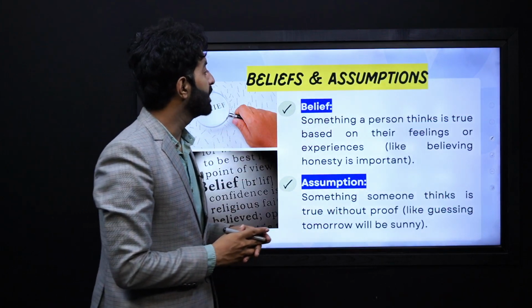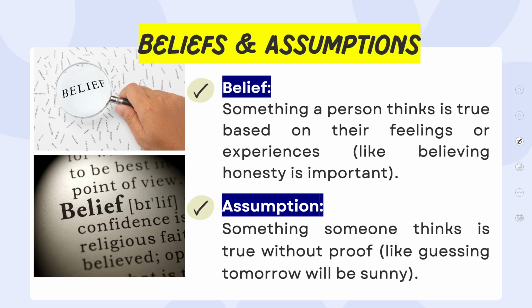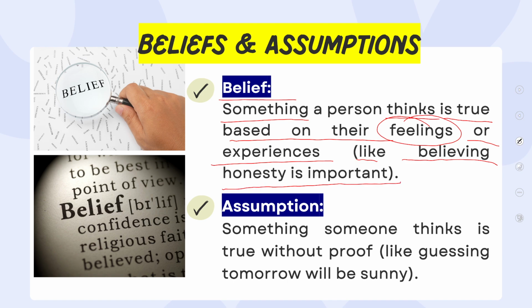Now let's see what are beliefs and assumptions. Now let's look at belief first. Belief is something a person thinks is true based on their feelings or experiences, like believing honesty is important. Now, if you believe that honesty is important and you are honest, this is your belief.